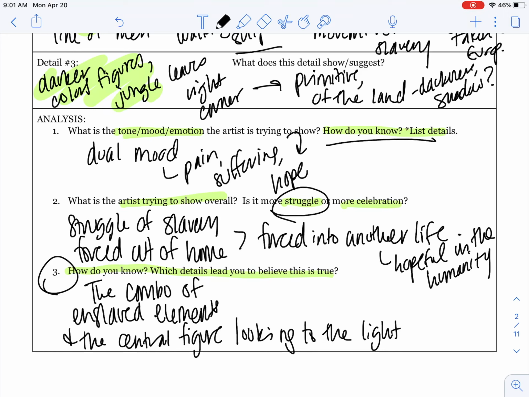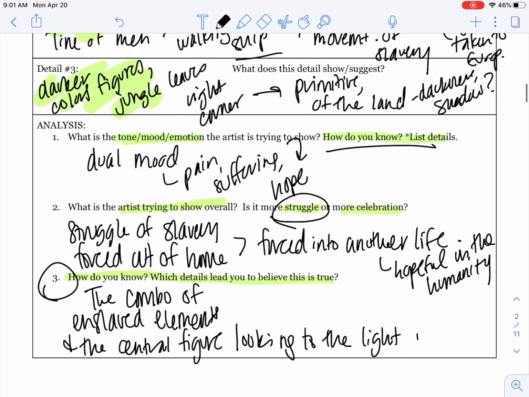Okay, I don't know why my pen just stopped working there. Give me one second. Central figure looking to the light. There we go. To the star. Suggests hope, maybe in the struggle.